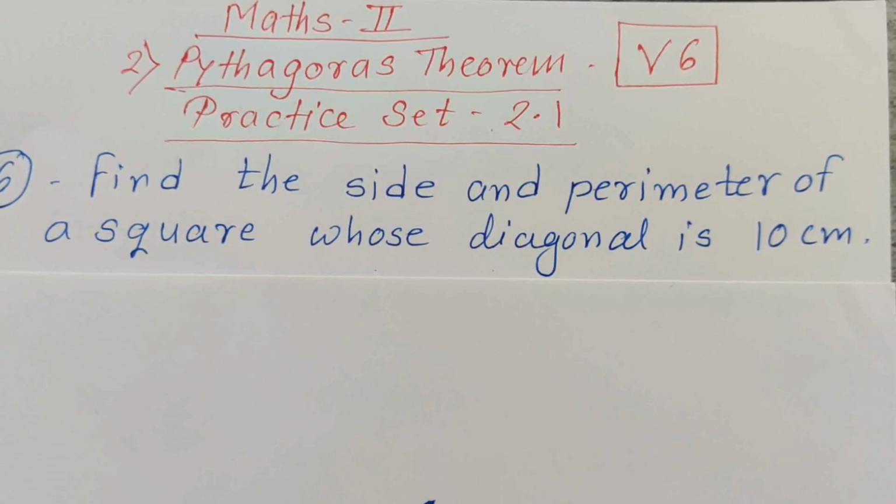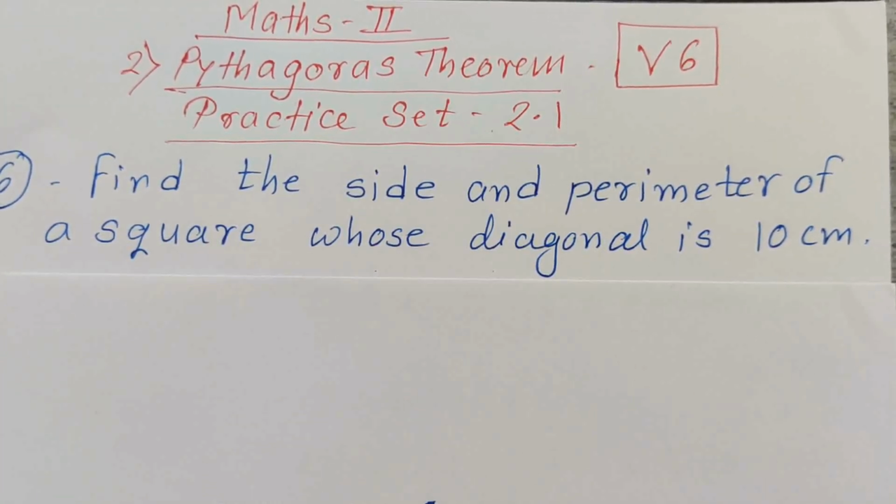Due to the diagonal, the square gets divided into two right angle triangles, and we can use the Pythagoras theorem and we'll get the side as well as the perimeter of the square. But how to put it on paper, how to represent it, that I will show you here. So from the question, first we will draw the diagram.